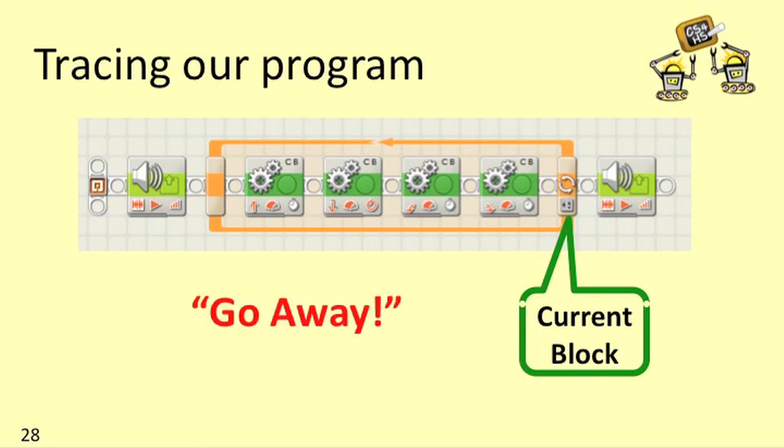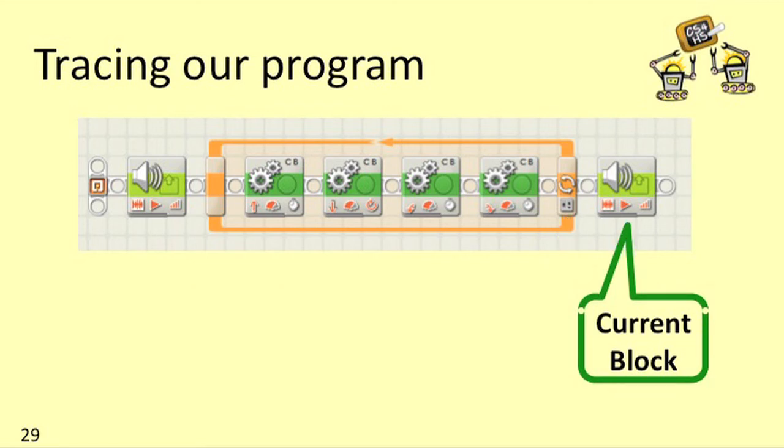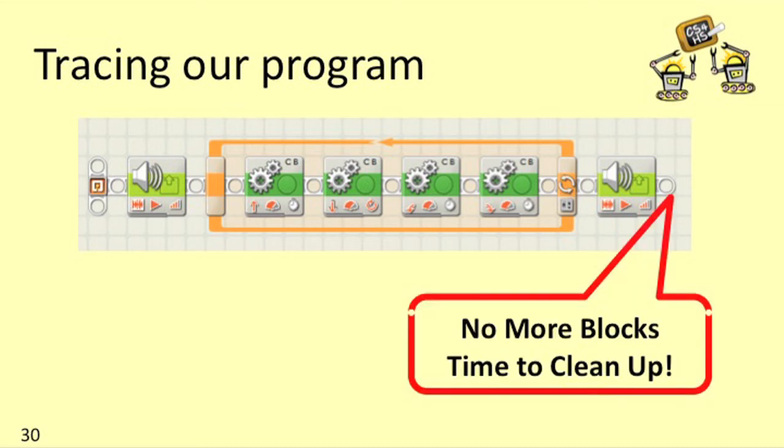So the loop says, go away to us, and we leave the loop and continue moving on. In this case, we move on to the sound block, which says, have a nice day, and then we reach the end of our program, so the NXT cleans up. In other words, it resets its screen, makes sure the speakers and motors are turned off.